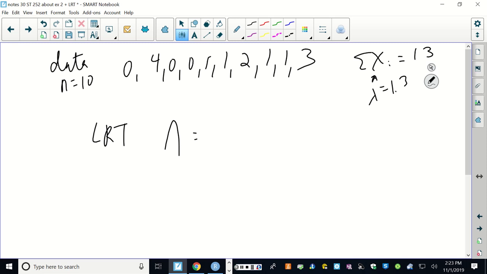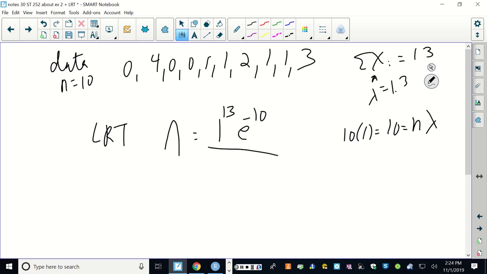So when lambda is 1, and you raise it to the power of 13, e to the negative 10, right? 10 times 1 is 10. That's n times lambda, goes up there.